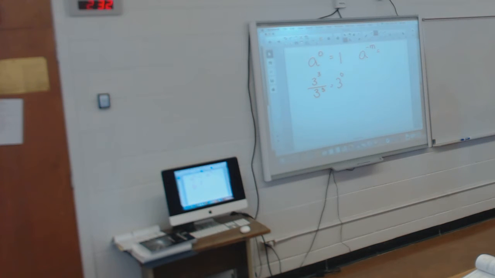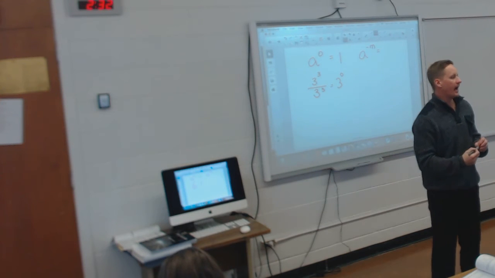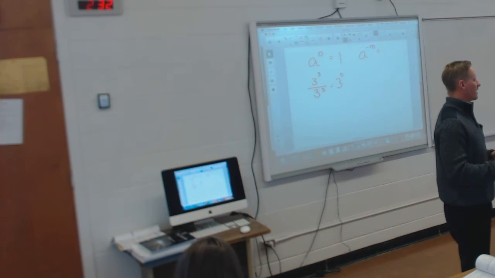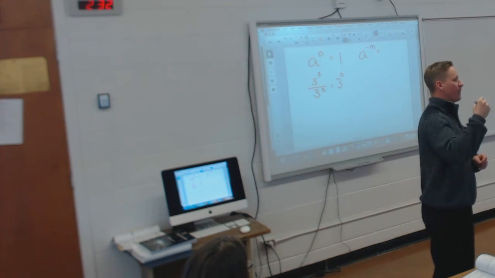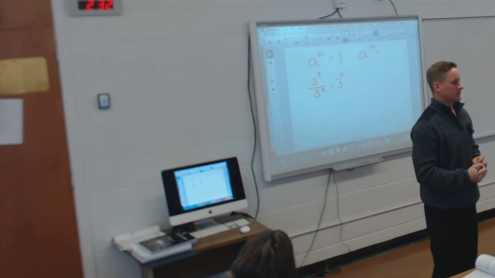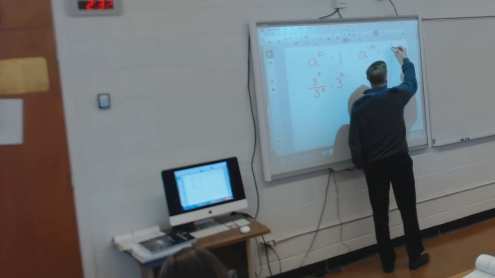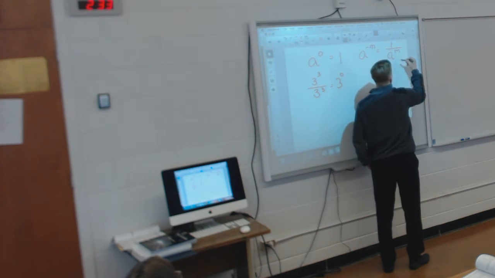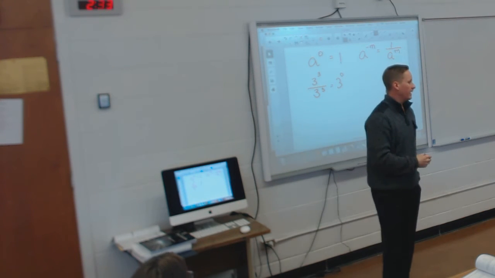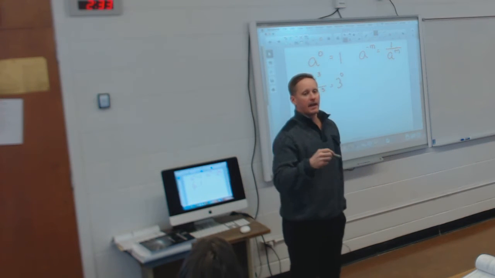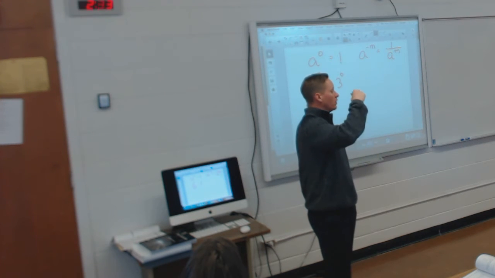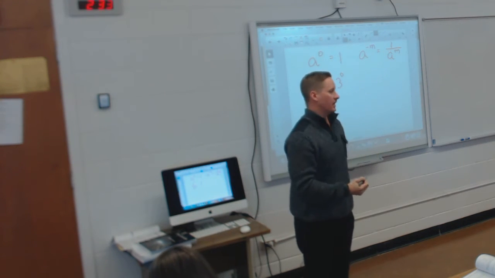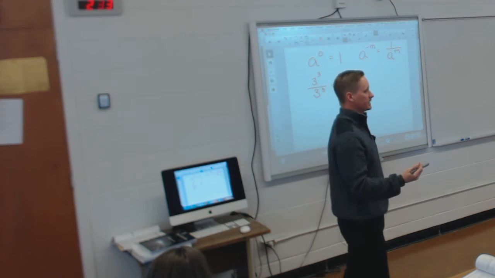If I would like to write this such that I do not have an exponent with a negative value, I can take that value, rewrite it on the bottom of a fraction, and it becomes positive. So this becomes 1 over a to the m. So to rewrite any value that is a negative, you either move it to the bottom of the line or to the top of the line and make it positive, depending on what it is.